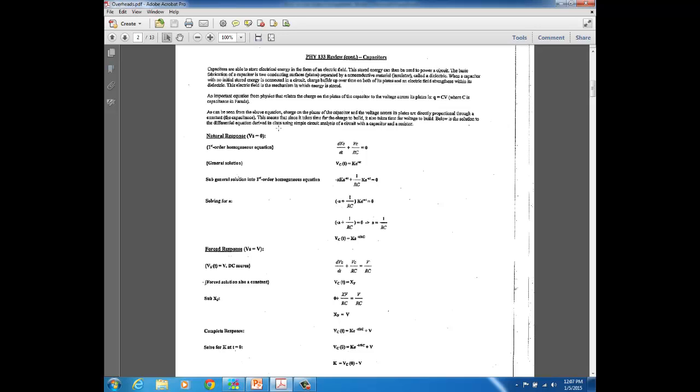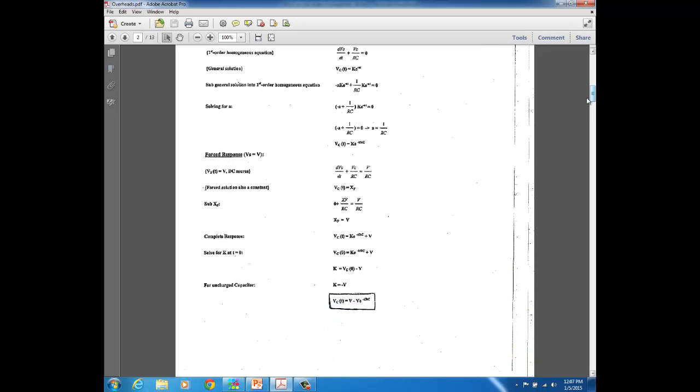We first find the natural response, which is due to the stored energy of the capacitor, and then we come up with the forced response, which is due to the DC source in the circuit, and then the complete response, which is our answer that we're after. That's just the summation of the two responses, forced and natural.